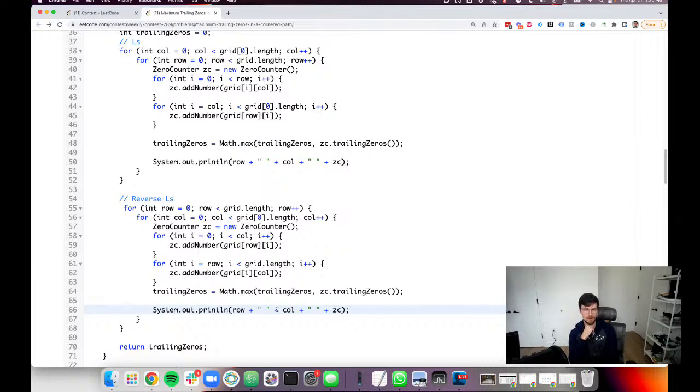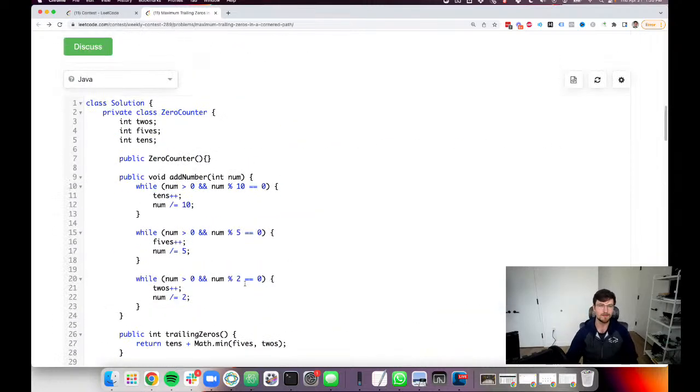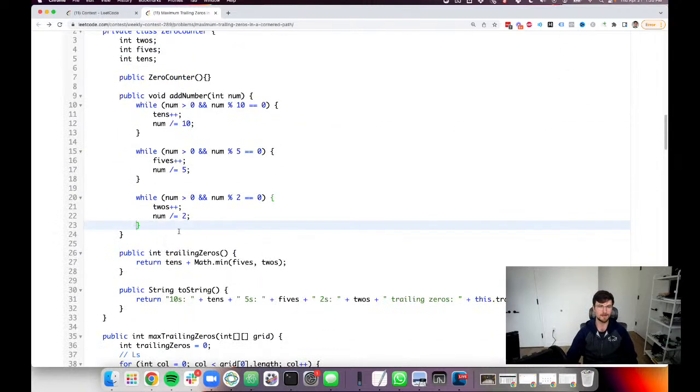We could add something to 0 counter that combines 2 0 counters together. That might not be a bad way to do it.